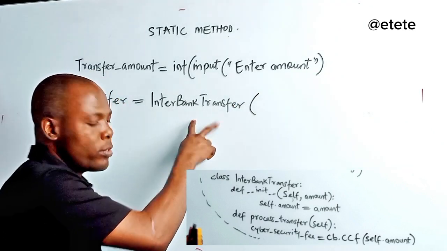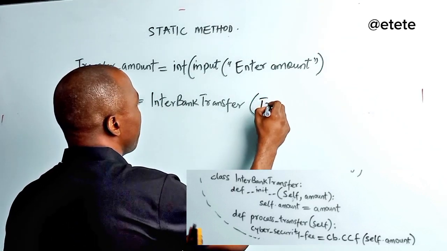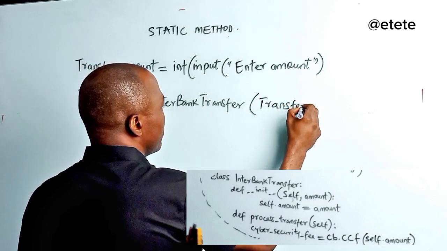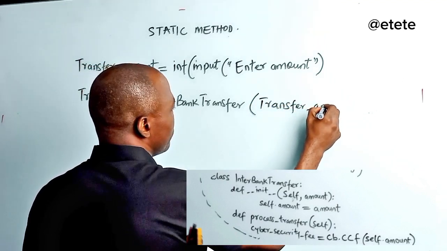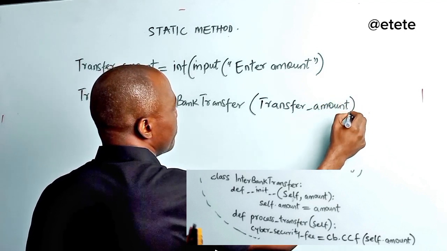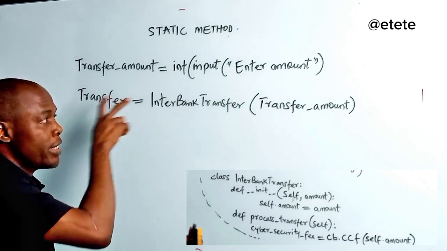What am I going to supply to this class? I'm going to supply this transfer amount. This is what I'm going to supply. So now the object has been created for the class.